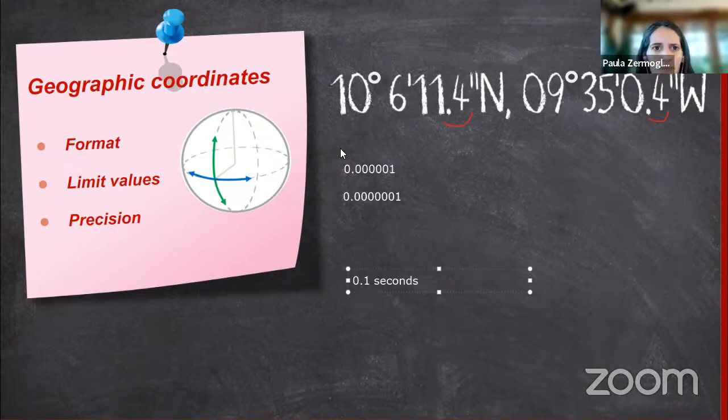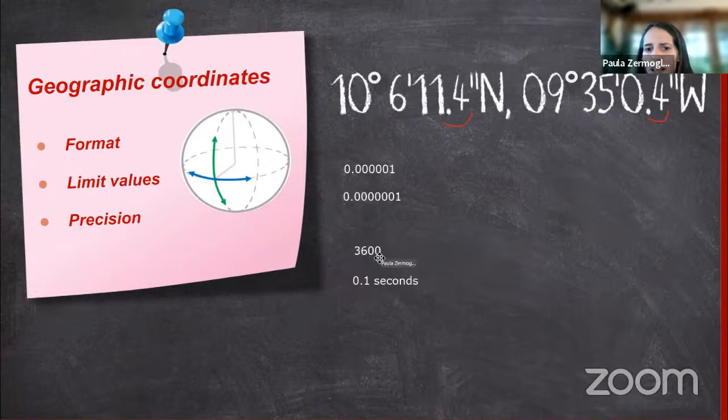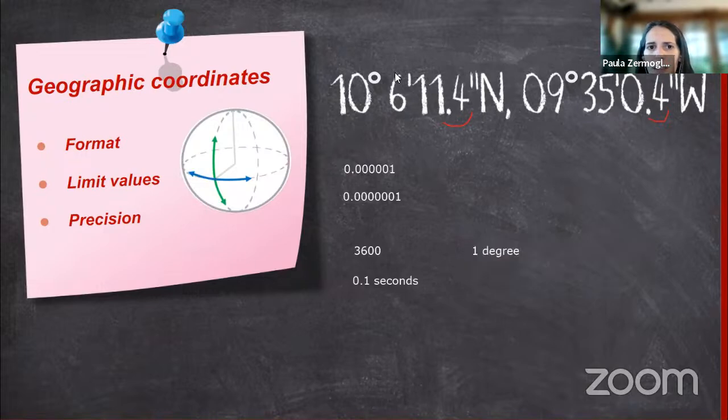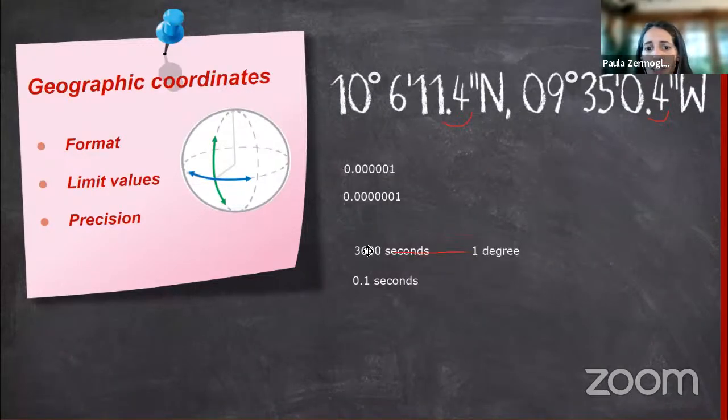And so what we do is say, well, we know that in this system here, in this format here, which is sexagesimal, 3,600 seconds are 1 degree, correct? 3,600 seconds are 1 degree.